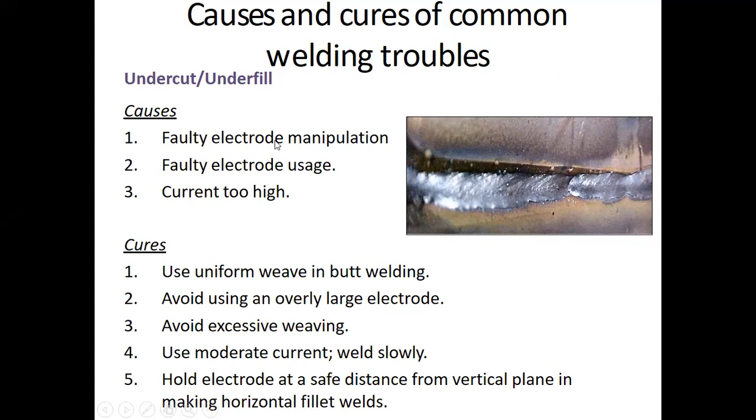It could be faulty electrode manipulation, right? The welder is not able to, or for example, if it is automated, you're not able to manipulate the electrode. What do you mean by manipulation? Basically, to be able to move it precisely, left and right, and with what speed.